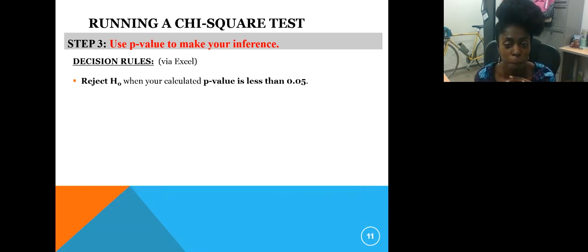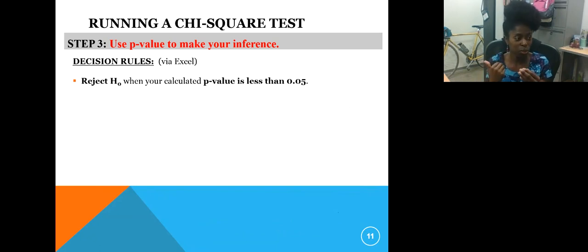Option number 2. In option number 1, we tentatively accepted the null because p was greater than the error level that we were willing to accept. Now we're rejecting the null because p is within that area that we're willing to accept.